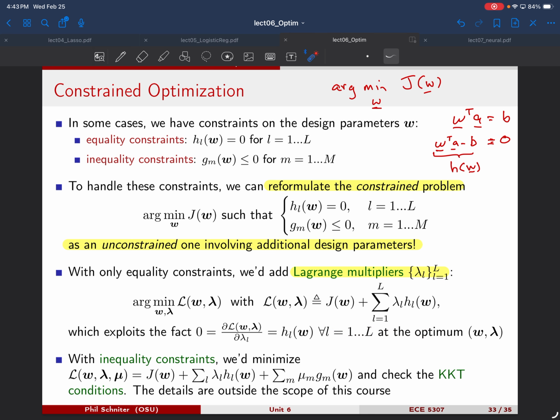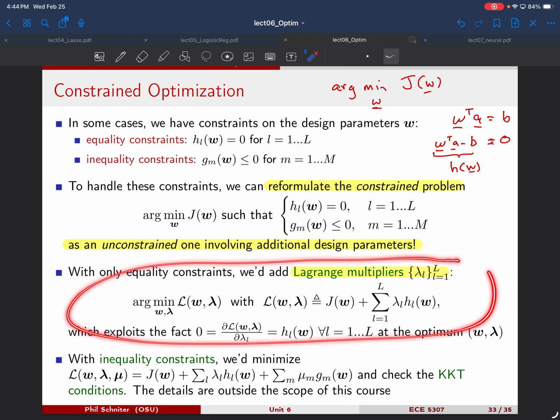It's just going to be h_l. So by forcing the derivative to 0, we are implicitly forcing h_l to 0, and thereby enforcing our equality constraint. That's why this works. You're writing it in such a way that the standard definition of a stationary point enforces the equality constraint. So that's the Lagrange multiplier approach.